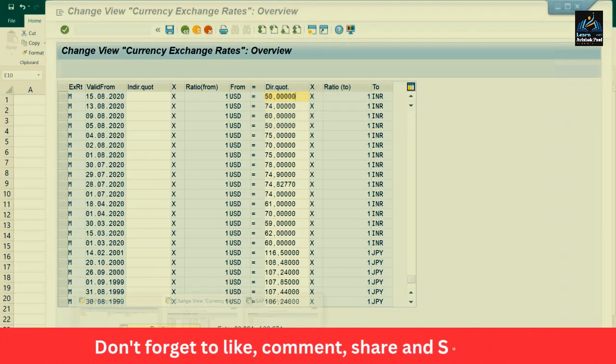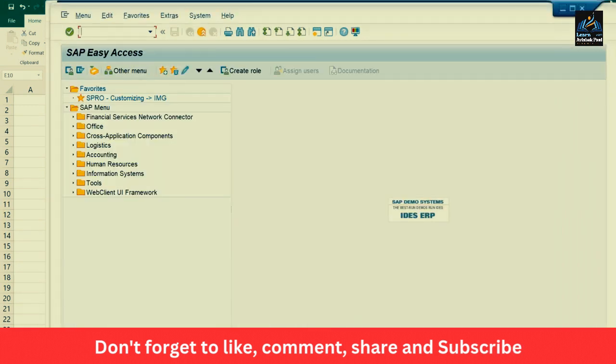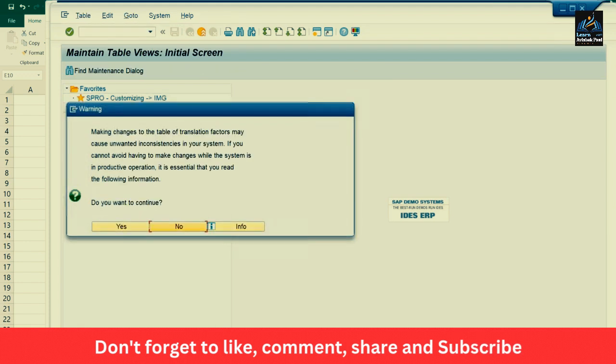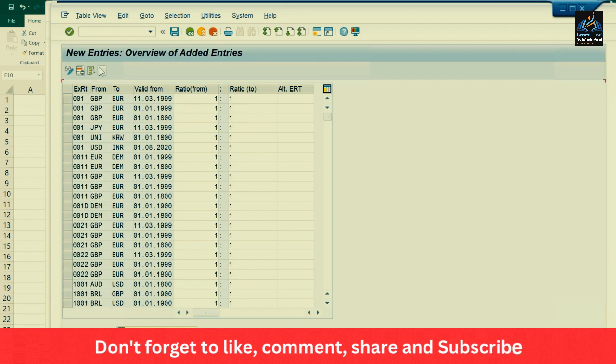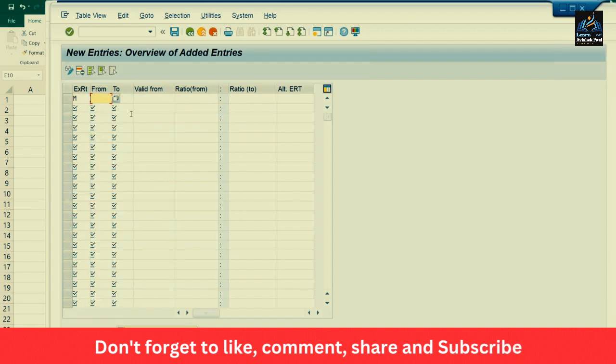I'll tell you, if you want to work more with Iranian currency, you just do one thing. Here I'll first specify OBBS. We are going to specify the translation ratio. New entry. From, let's suppose, INR to IRR.